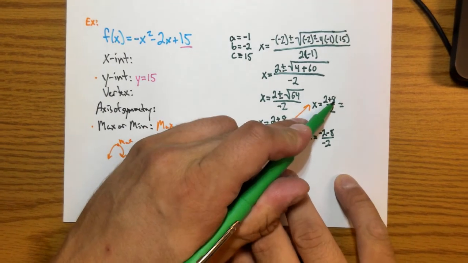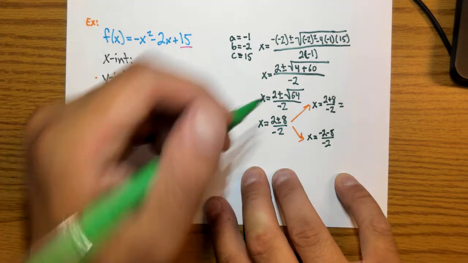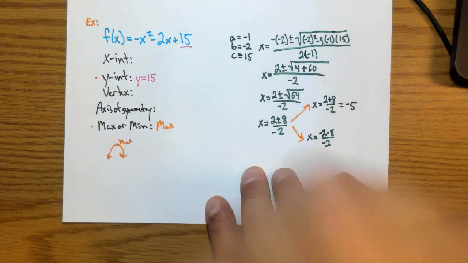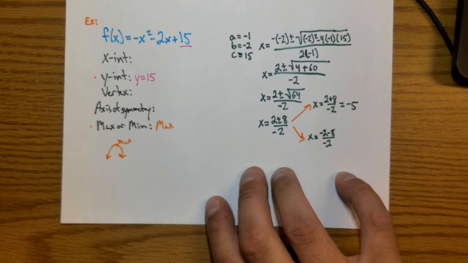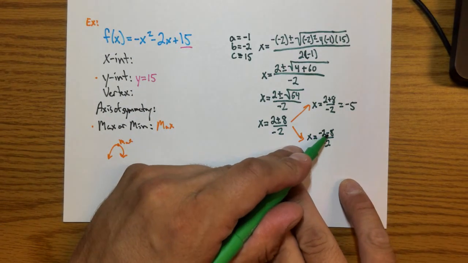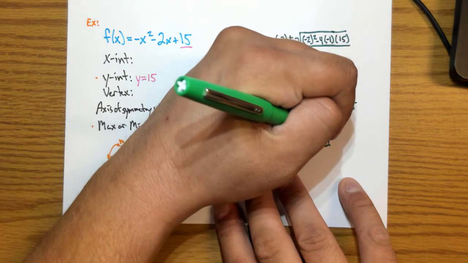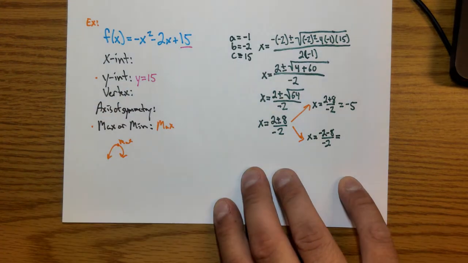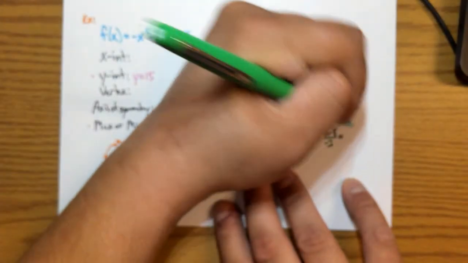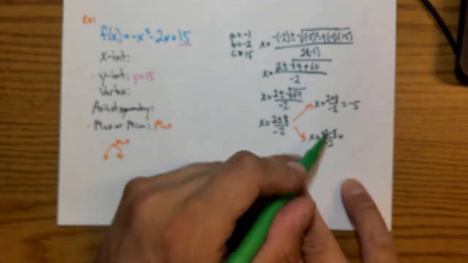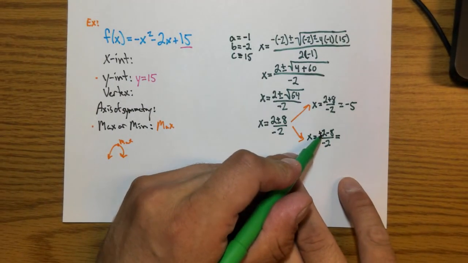So 2 plus 8 is 10, divided by -2 is going to be -5. Remember, the positive times divided by a negative is a negative. And then 2 minus 8 is going to be -6. Oh, I'm sorry, I was wondering why they both came out as 5 and -5.